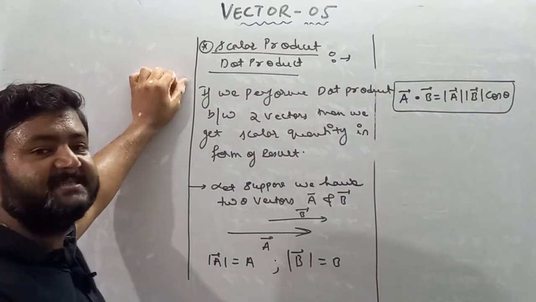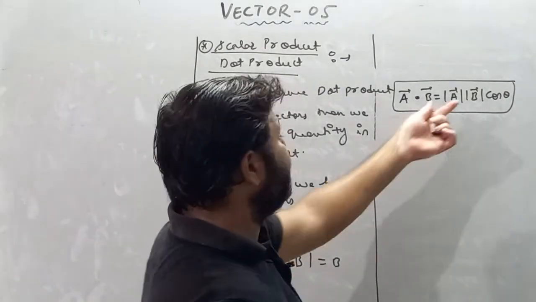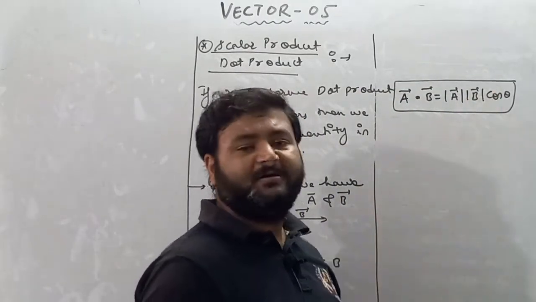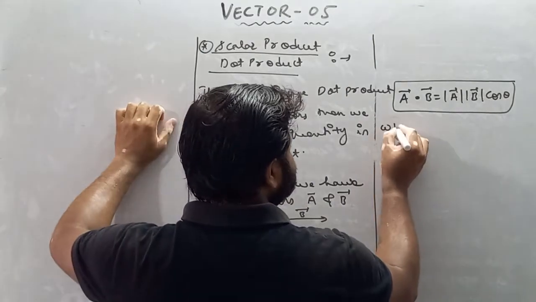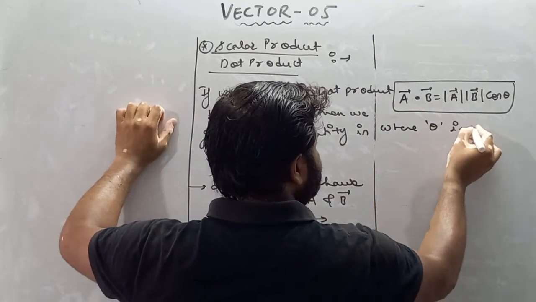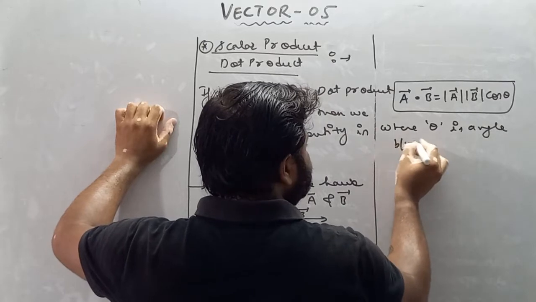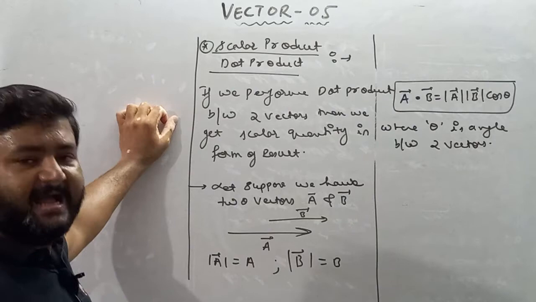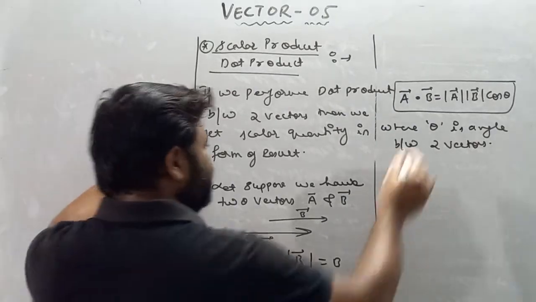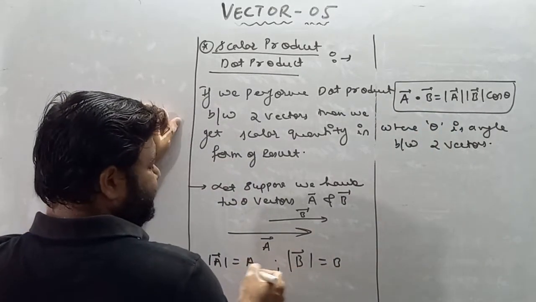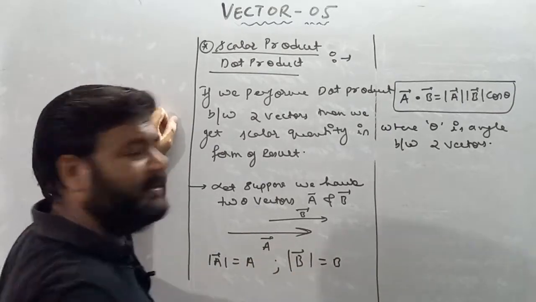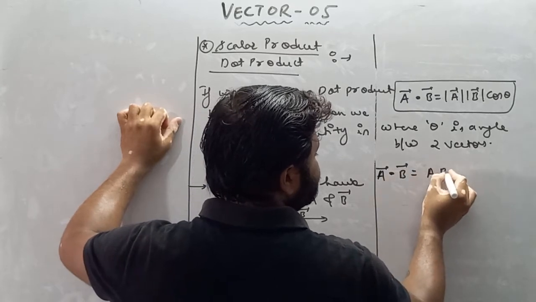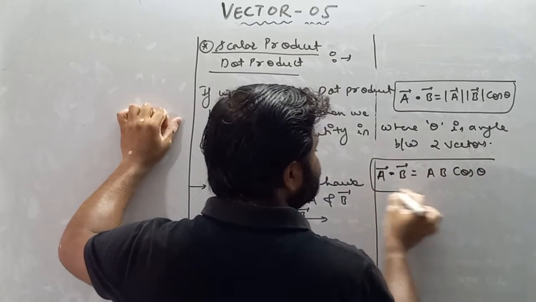Remember, this is the formula of dot product, where theta is the angle between the two vectors. So I'll write A vector dot B vector equals AB cos theta.